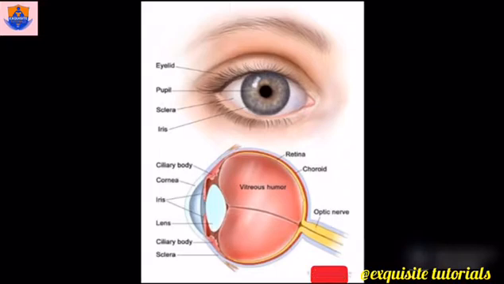As you're seeing in the diagram on your screen, it relates to what I'm saying. The outer wall of the eyeball is white and opaque. It has a sclerotic coat which is transparent in the front to form the cornea.